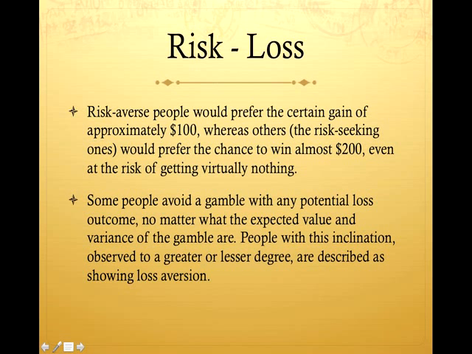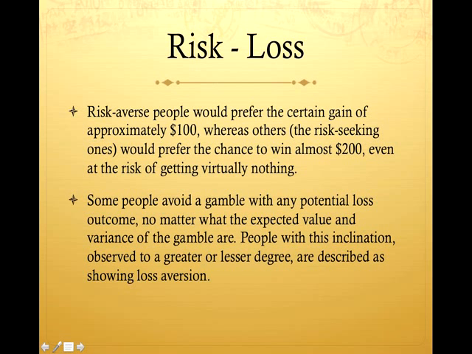So I have two options. I have $100 or $200 or nothing. Okay, so people who are risk averse pick the 100, people who are risk seeking pick the 200. So we have different utilities for those numbers. And then for loss, some people will avoid gambles with any potential loss, no matter what the value of the gamble is.